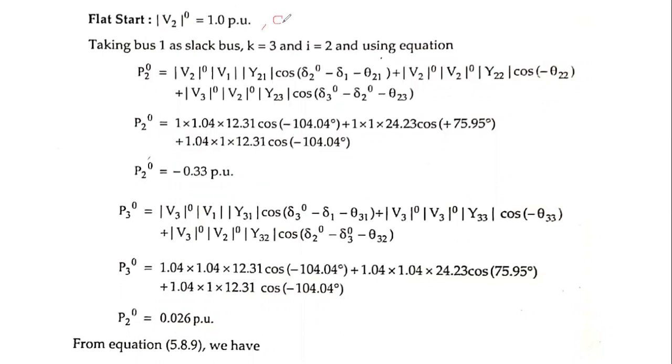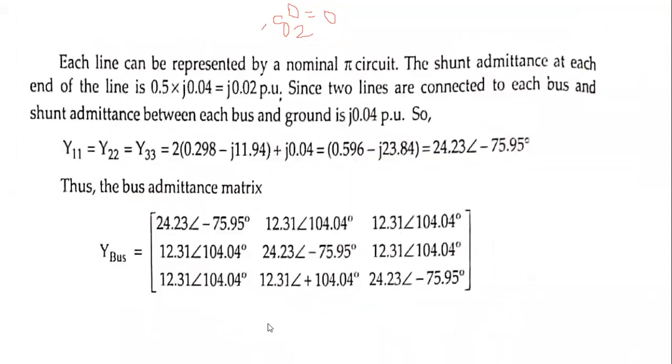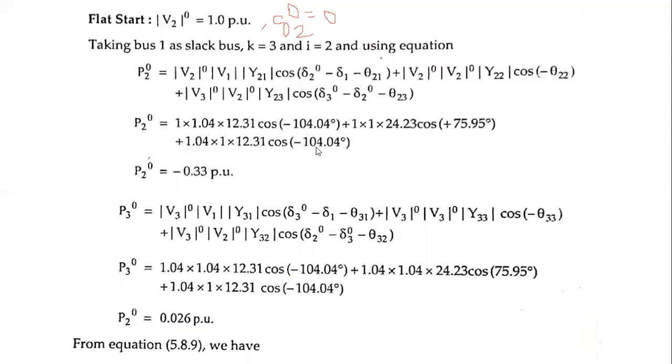Substituting, delta 2 power 0 equal to 0, minus theta 23, which is 104.04, minus 104.04. This is the value for P2 power 0.